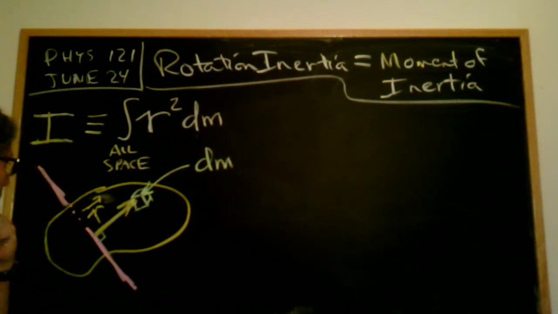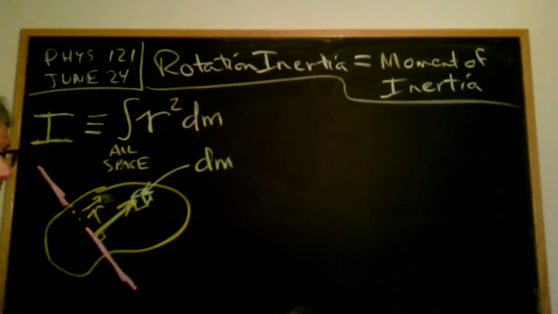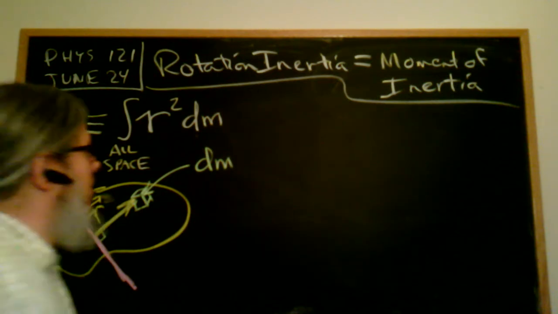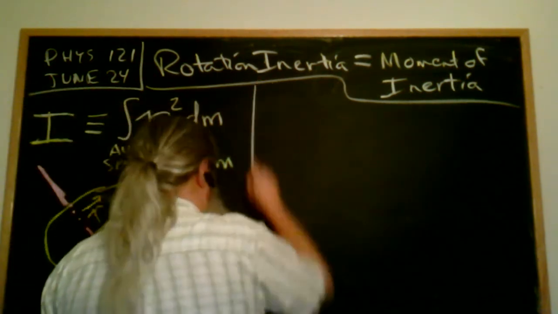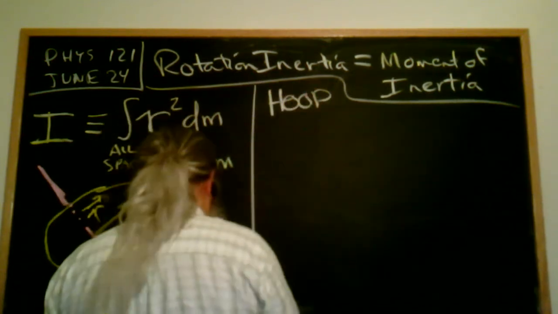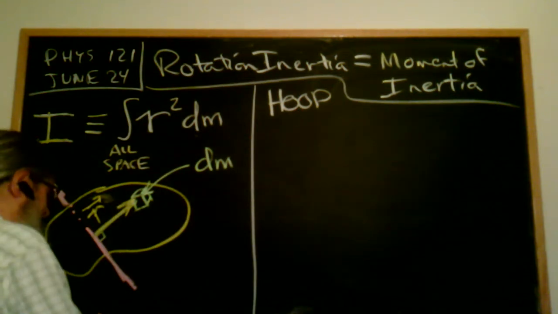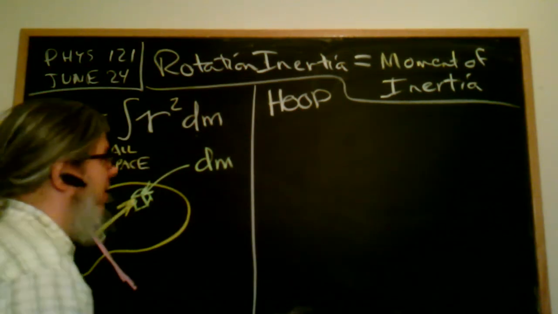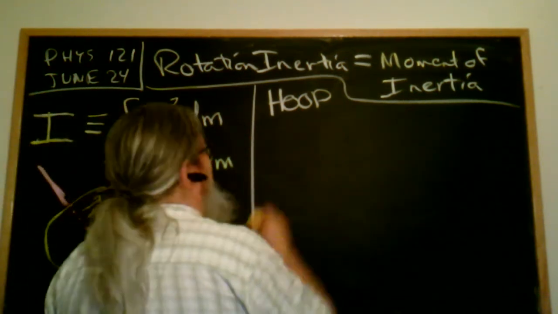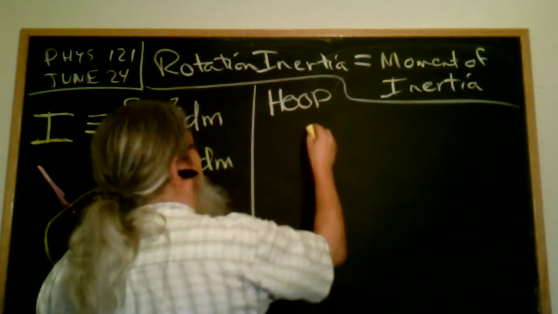Okay? So let's look at some examples of symmetric objects where we can actually apply this, and I'll start with the simplest one. An example is a thin hoop. What do I mean by a thin hoop? I just mean a ring of material where the thickness of the ring is quite small compared to any other dimension.